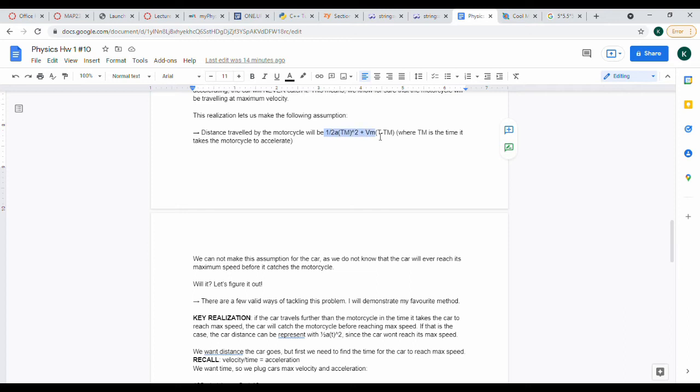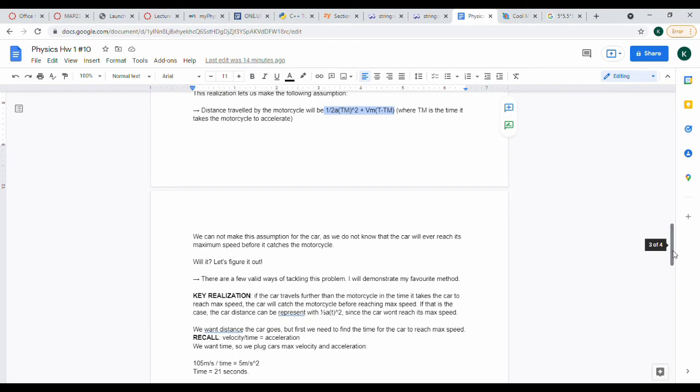That's what this equation right here is, the same as above. However, we cannot make this assumption for the car, because we do not know whether the car will reach its maximum speed before it catches the motorcycle. We have to calculate this.